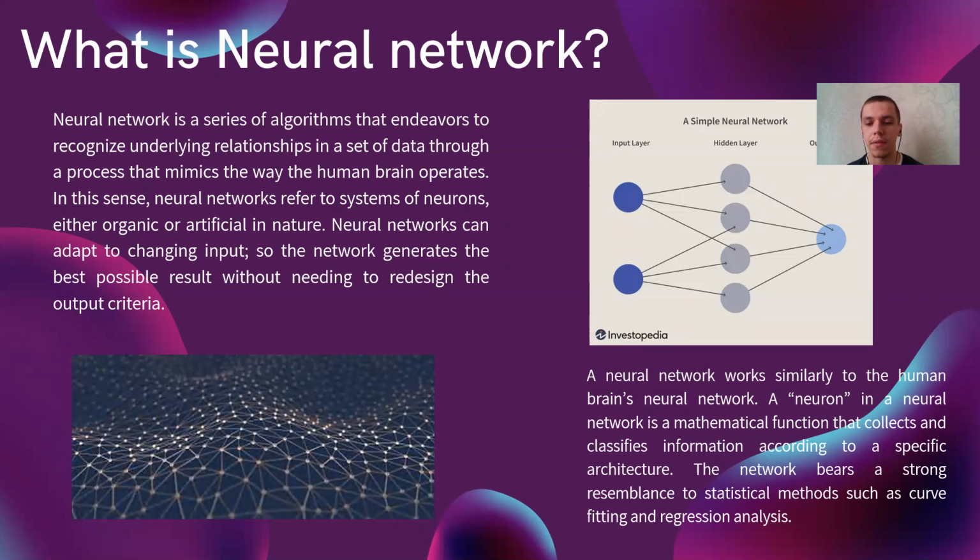They interpret sensory data through a kind of machine perception, labeling, or clustering of data. The patterns they recognize are numerical, contained in vectors into which all real-world data, be it images, sound, text, or time series, must be translated. Neural networks help us cluster and classify.